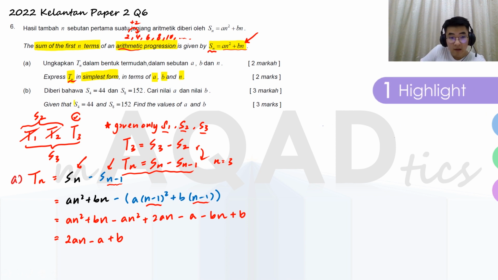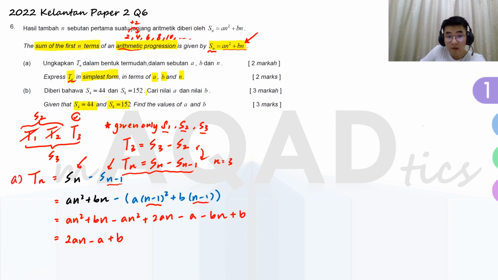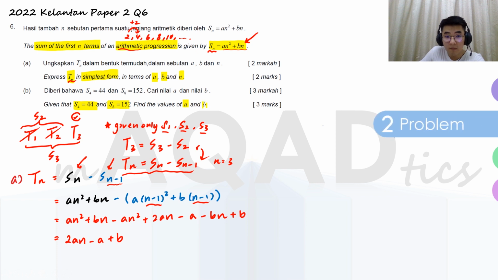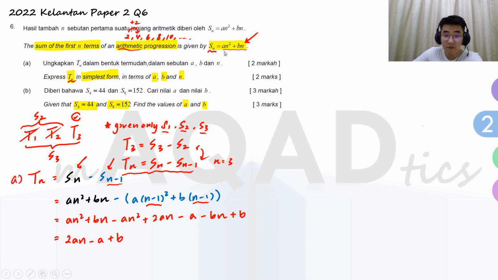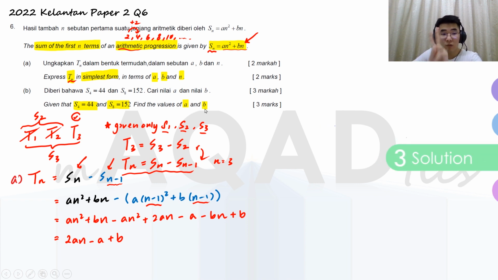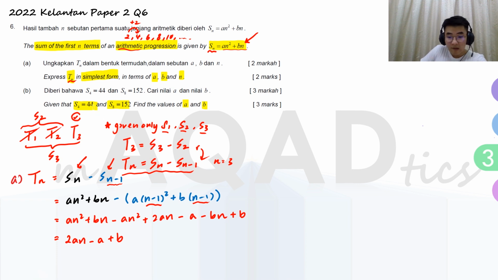For part B, they've given us these two clues and we need to find the values of a and b from this Sn formula. In order to find two unknowns, we need two equations. We can find those equations from these two clues, by subbing them into here. For the first clue, n is equal to 4, so we sub n equals 4 into this equation first.